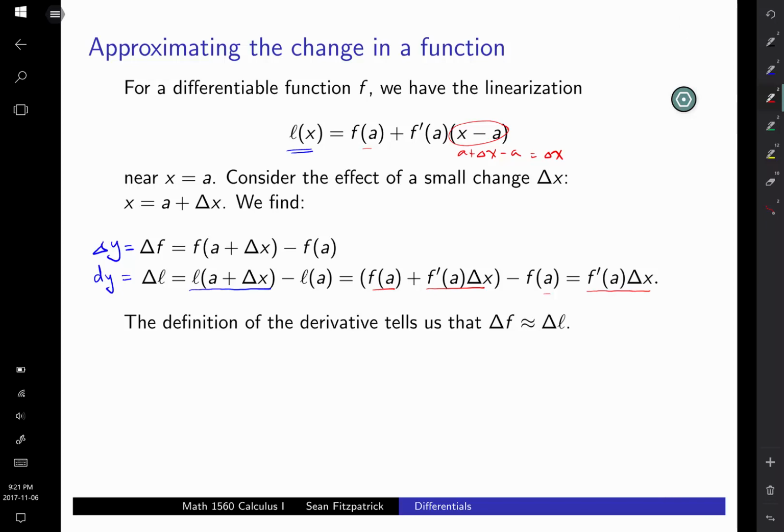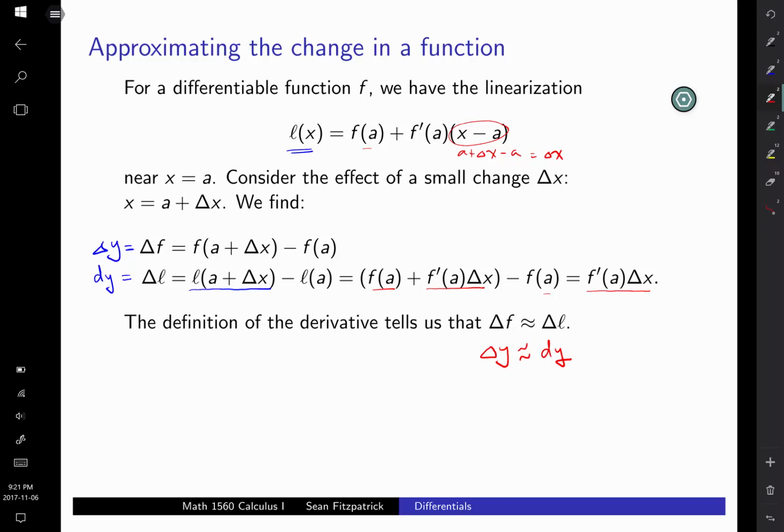So the definition of the derivative gives us this approximation. We get that delta f is approximately delta L, or in terms of y, delta y is approximately dy. This is the approximation idea that we're going for.